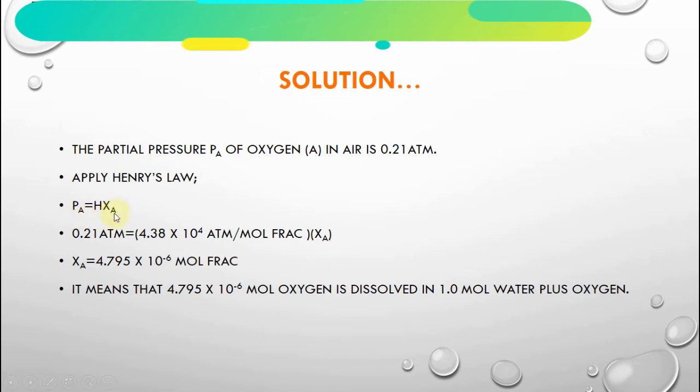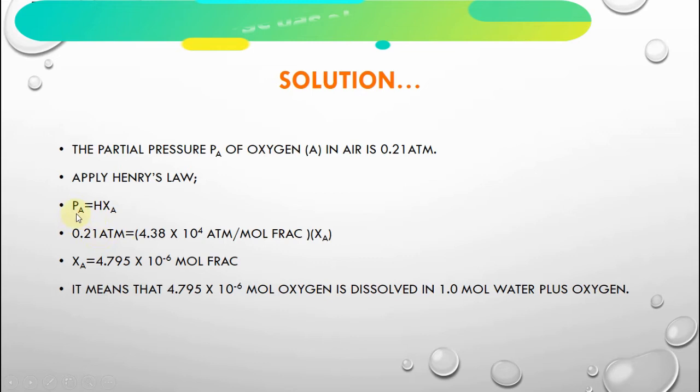So what you need to do is just substitute the values the question gives you, which is PA. The question gives you the partial pressure as 0.21. Actually this is small p, okay. Small pa equals h small xa.